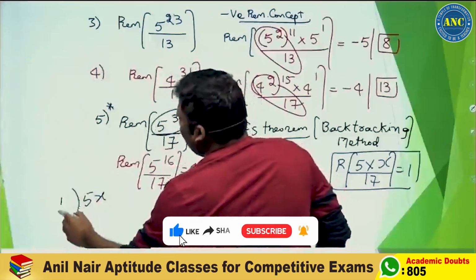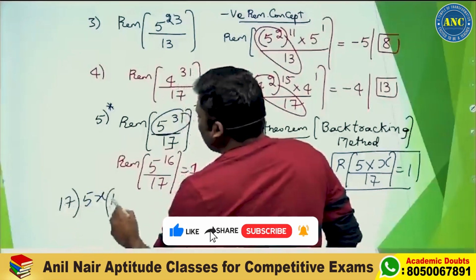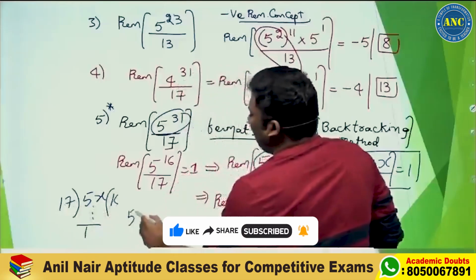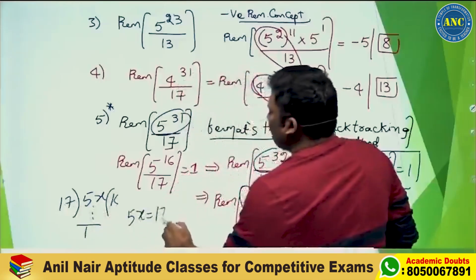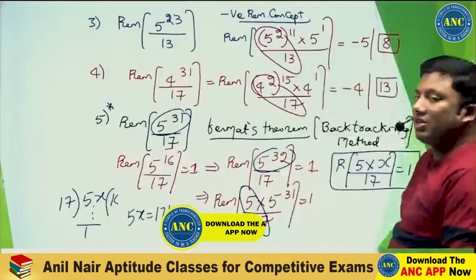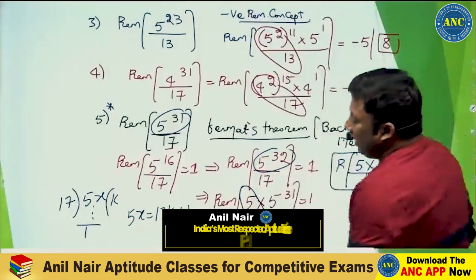5x, when you divide by 17, the quotient is k and the remainder is 1. Dividend equals divisor into quotient plus remainder, so 5x equals 17k plus 1.